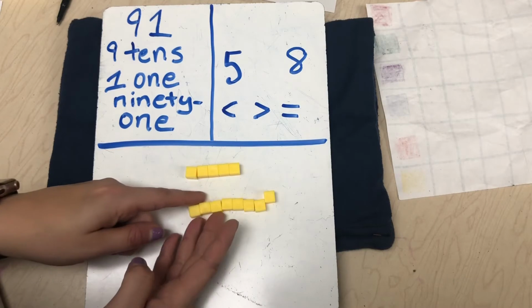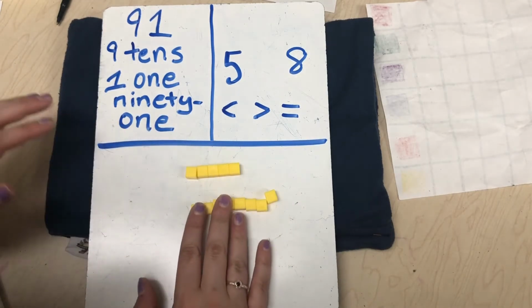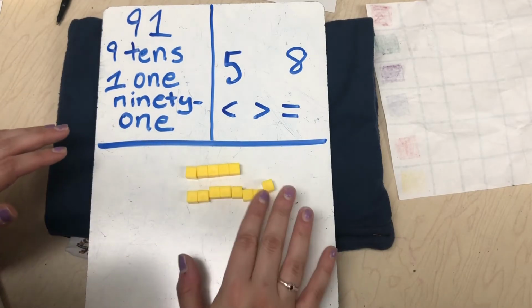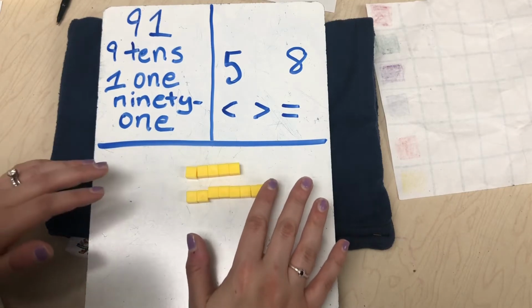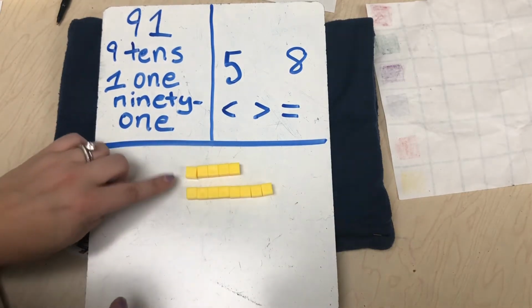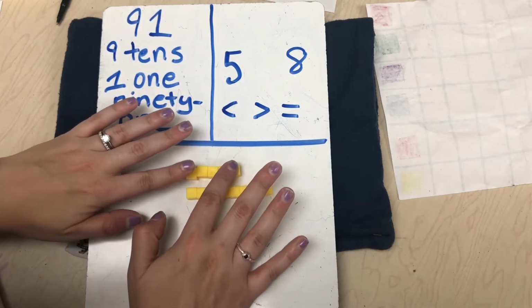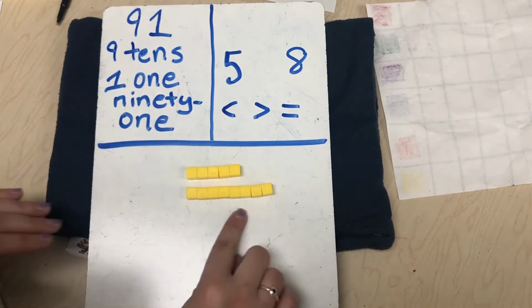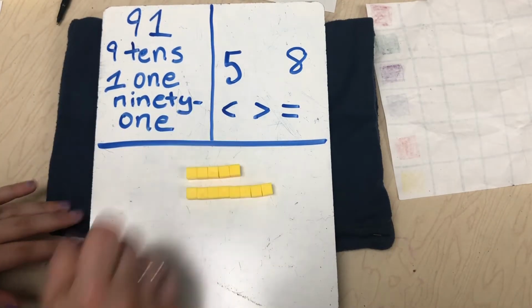So let's compare right now. So line them up, and you can see that 8 has more than 5.